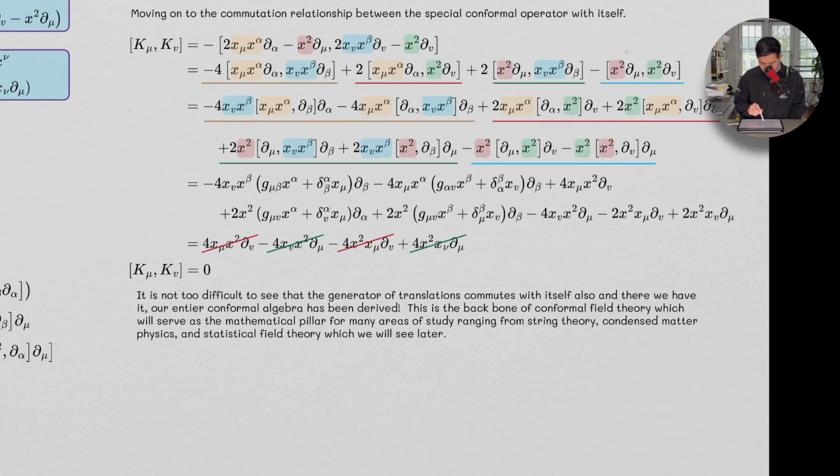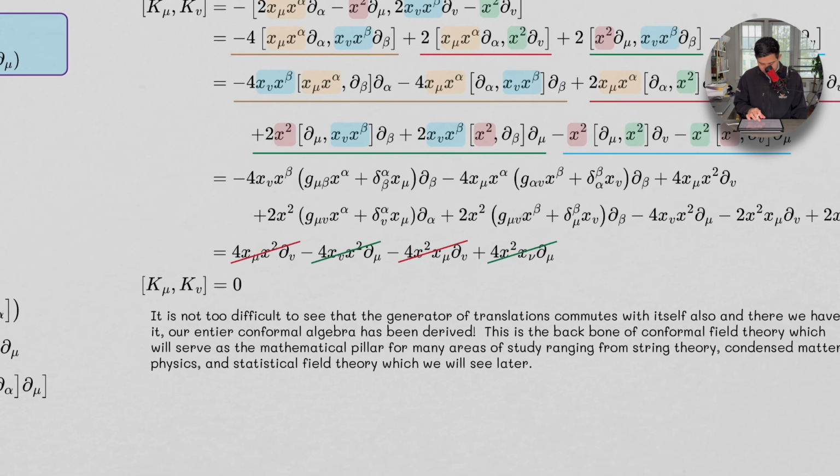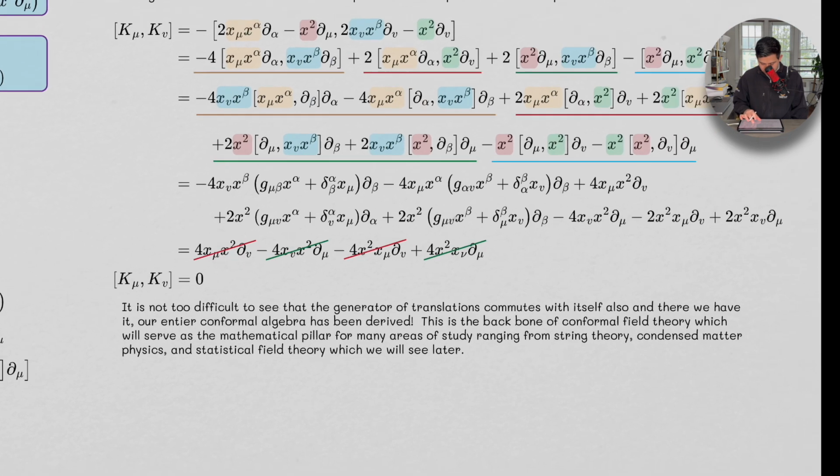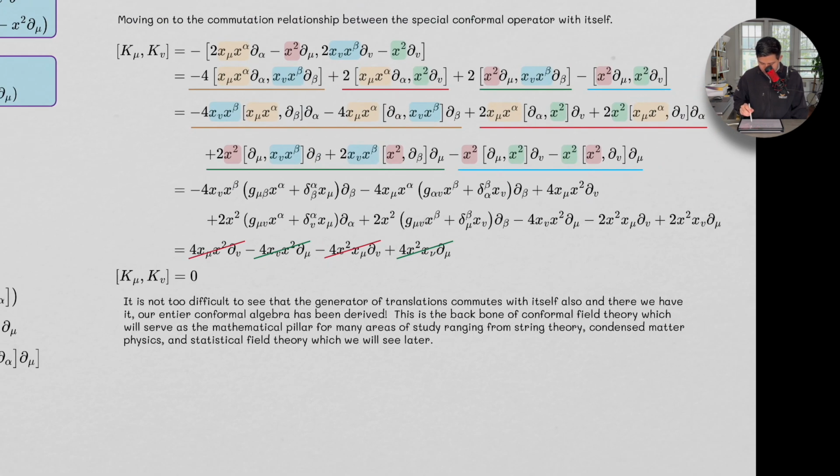So because we have this, we have alpha, beta, right? So we have this guy here. So we have x mu x squared, right? So that is actually going to be x mu x squared. So that is this guy right here.